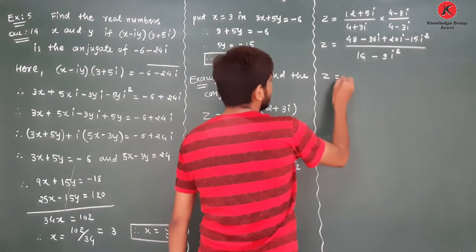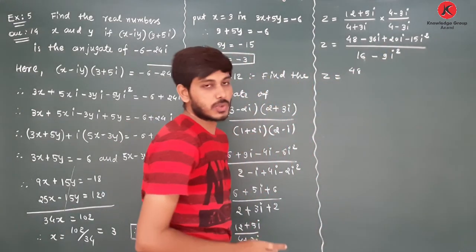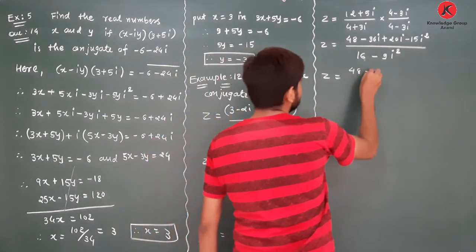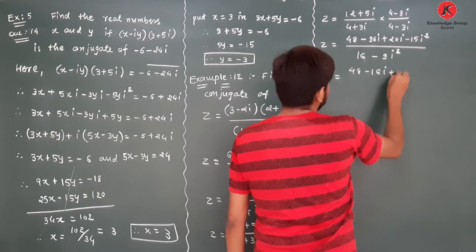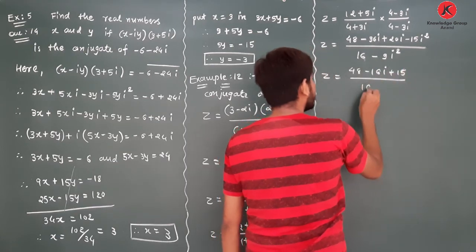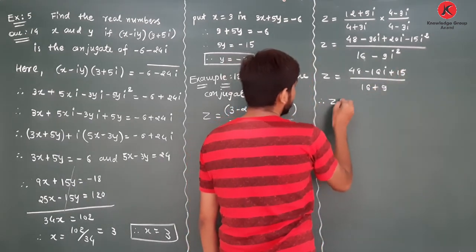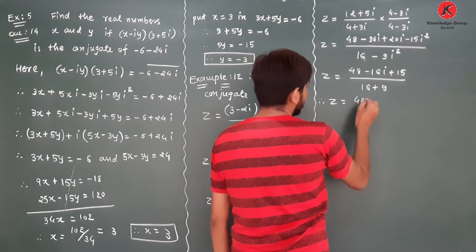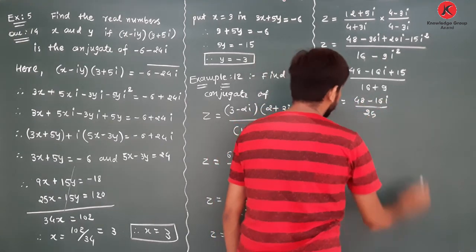Z equals 48 minus 36 plus 20i minus 16i, plus 15, divided by 16 plus 9. Simplify this. Z equals 48 minus 16i divided by 25.